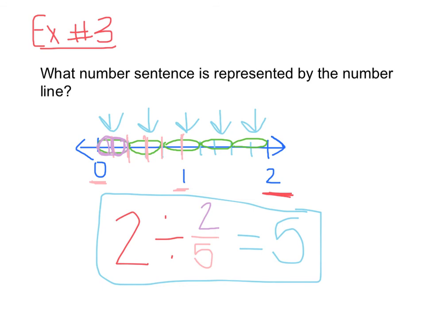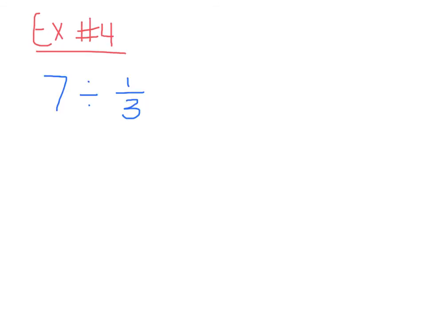Okay, example number 4, we're going to do stay, change, flip. So the first one stays the same, so it's really 7 over 1. Change the division symbol to a multiplication symbol and flip the second fraction.